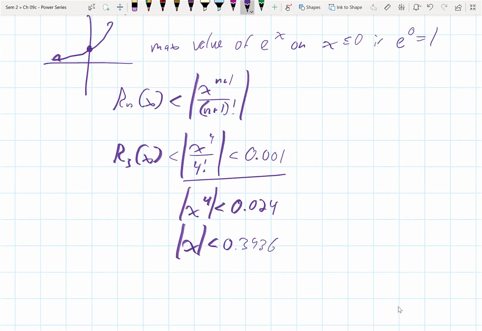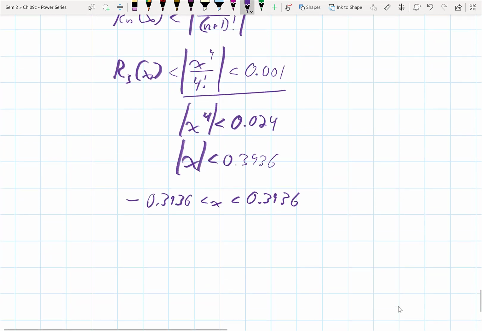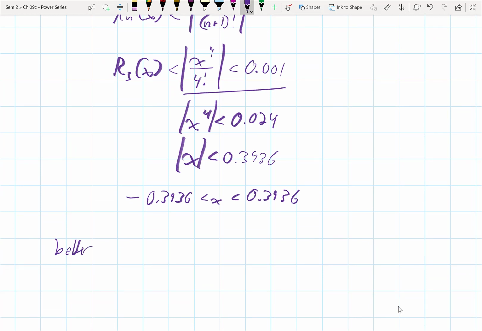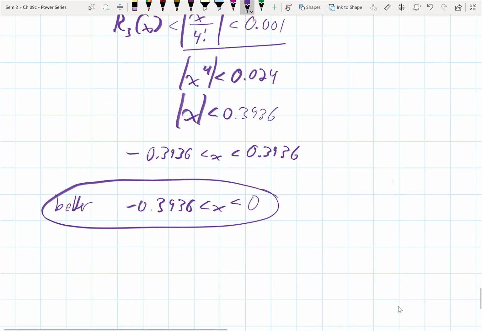So that means negative 0.3936 is less than x, which is less than 0.3936. But we can do better because I said that x has to be less than 0. So negative 0.3936 is less than x is less than 0. And that creates a bound of tolerance on that.